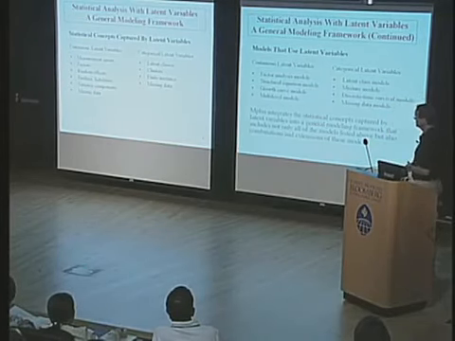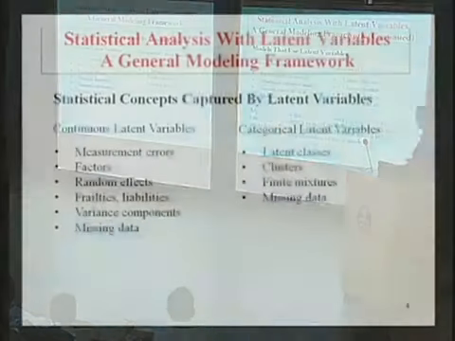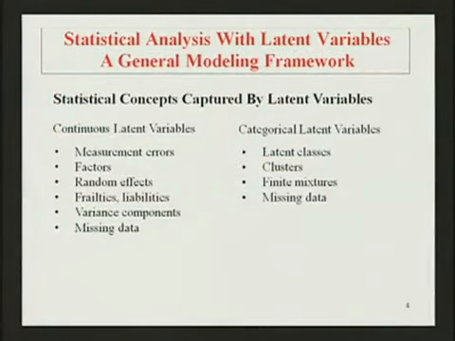Today we're not going to talk about categorical latent variables at all, a little bit tomorrow. But the categorical latent variable topic is really for Michigan, for Ann Arbor, with latent class and mixture models, be it in the cross-sectional case or in the longitudinal setting, the growth mixture models.